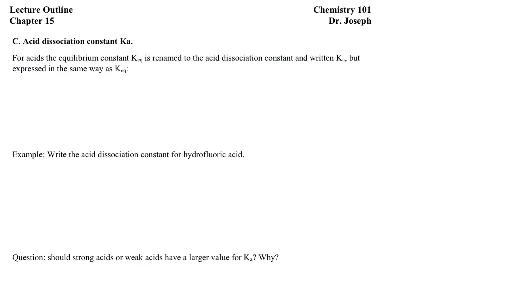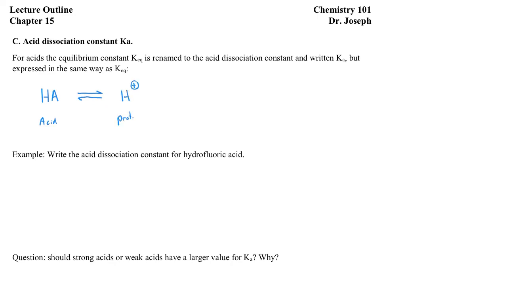So acids have their own version of KEQ that's specific to the Bronsted-Lowry definition of an acid. So let's write out that Bronsted-Lowry definition of an acid real quick and then see what this KEQ, but specifically for acids, really means. The Bronsted-Lowry definition of an acid is all about proton exchange, and an acid is defined as some substance that has a proton that is able to be donated.